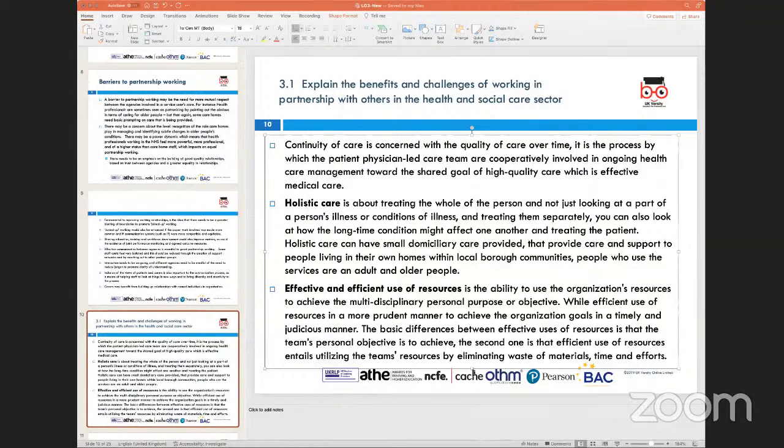Whether the services are being provided by the NHS itself or in partnership with other organizations, the care being provided to the patient has to be comprehensive, holistic, and integrated. That means the best possible care has to be provided, whether by using the resources within the NHS or by working with partners.